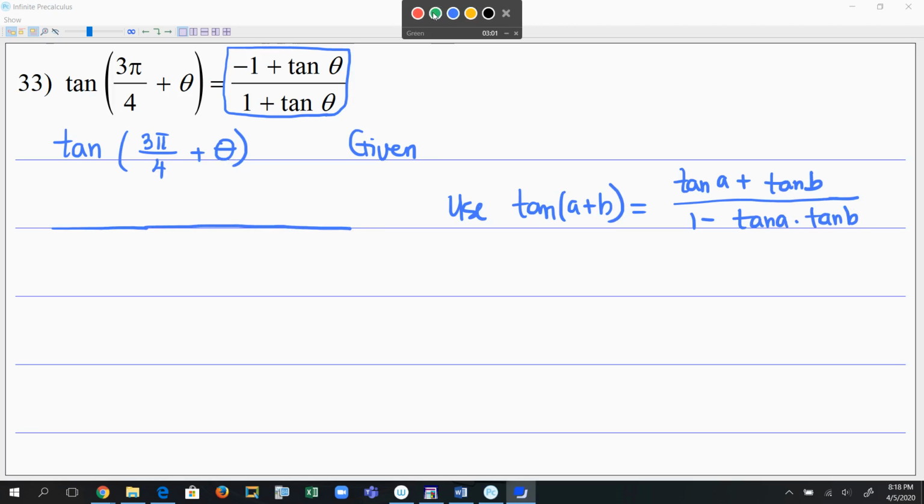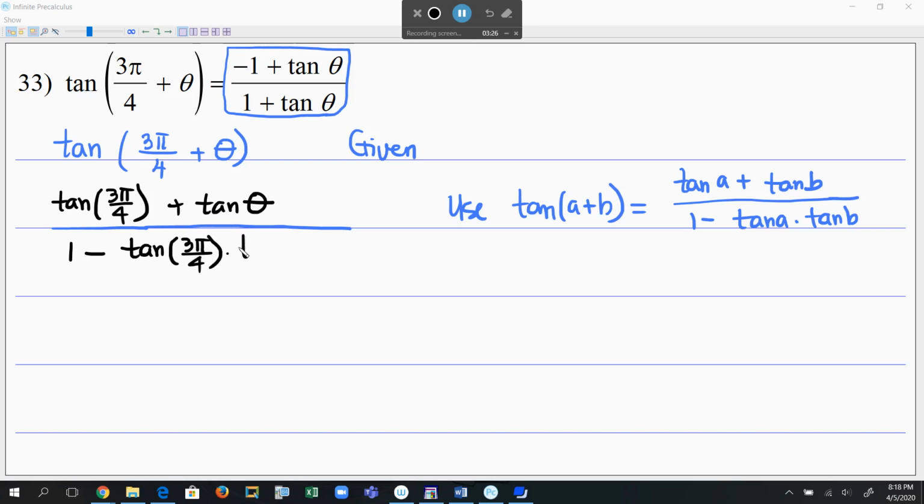So let me use a different color so it's not going to confuse you. So this will be tangent of 3 pi over 4 plus tangent theta over 1 minus tangent 3 pi over 4 times tangent theta.